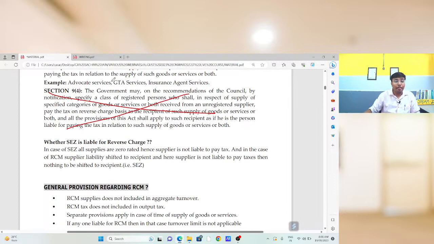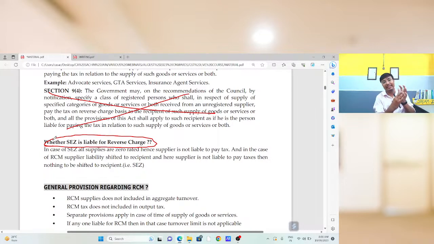Now the question is whether a special economic zone is liable to reverse charge mechanism. So the first question is, what do you mean by special economic zone? A special economic zone is a specific unit defined by the government for economic activities, for business activities.